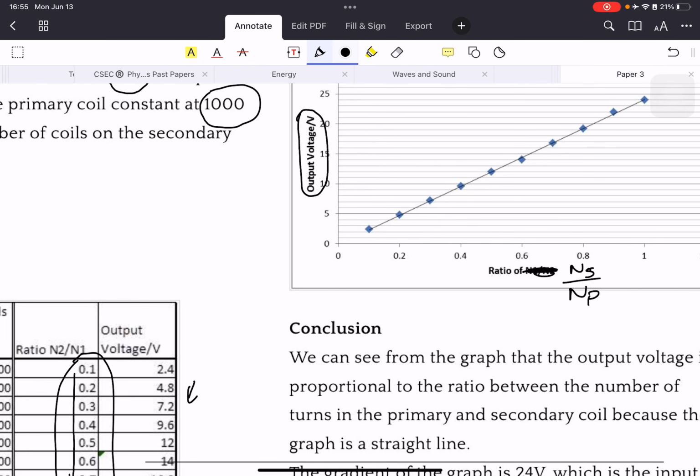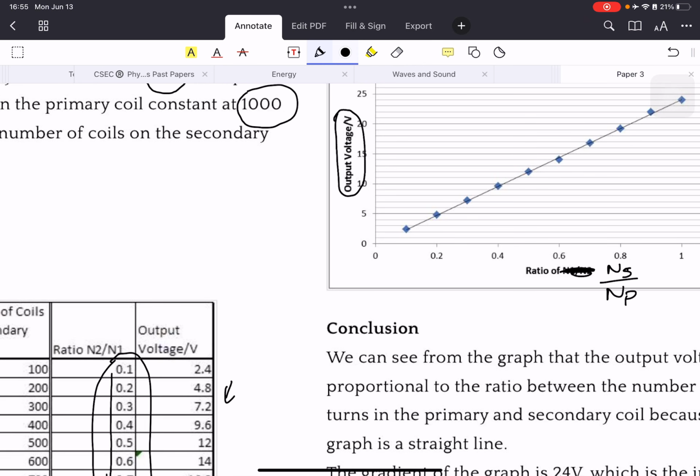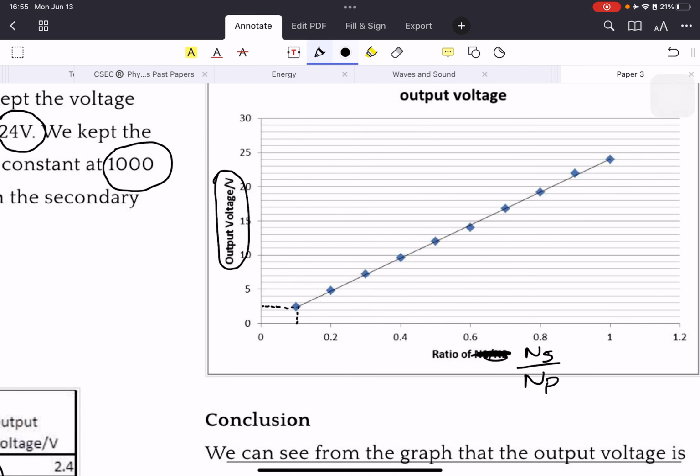To plot your graph, you just look at the 0.1 and you line it up with your 2.4. You could again go back to the graph video and you will learn how to do that. And so you go and you construct your best fit line. Very simple. You could see from the graph, because it's a straight line, it is directly proportional. So the output voltage is directly proportional to the ratio of the number of turns of the secondary coil to the primary coil.